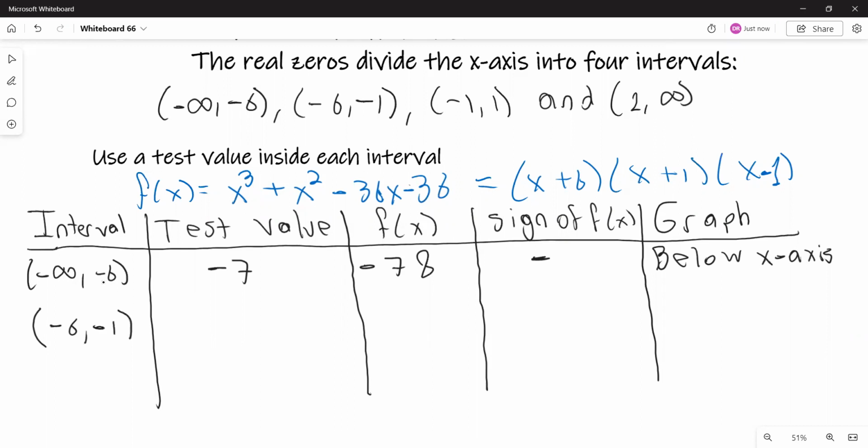From negative 6 to negative 1, I'm going to take negative 2. So I'm just giving you the answer again. F at negative 2 is going to be 36. And the sign is positive. So the graph is going to be above the x-axis.